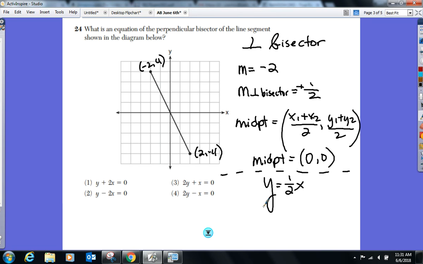Which one of those four transforms into 1/2 x? Don't yell anything out, I'm going to ask somebody. Which one transforms into 1/2 x?